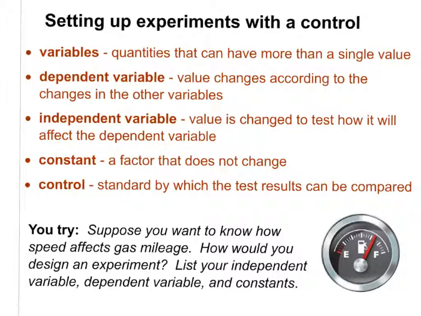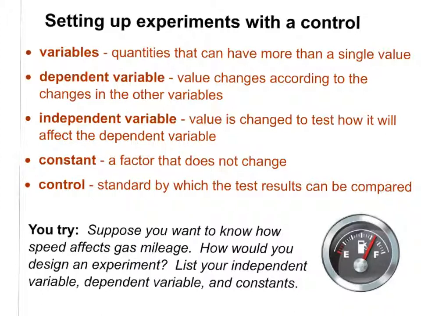An independent variable is one in which the value is changed in order to test how it will affect the dependent variable. So in our example with our cell experiment, the independent variable, sometimes it's called the experimental variable, we were changing the cell size, or the size of the different agar cubes. And that then in turn we were looking to see if that changed the rate or the amount of diffusion that was happening.